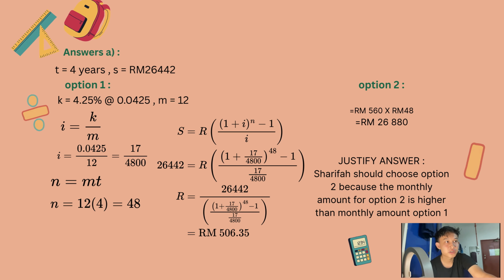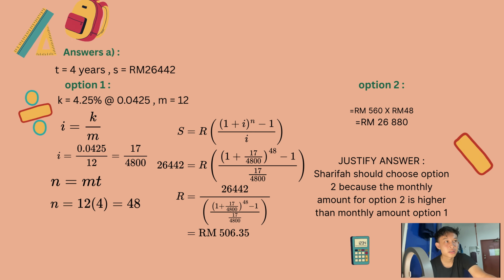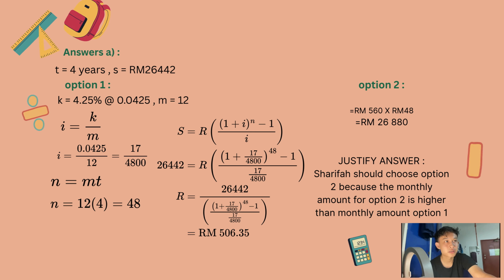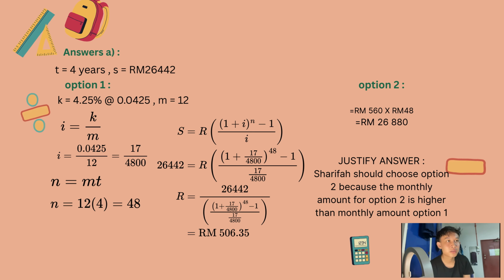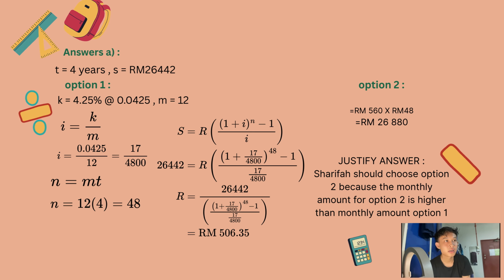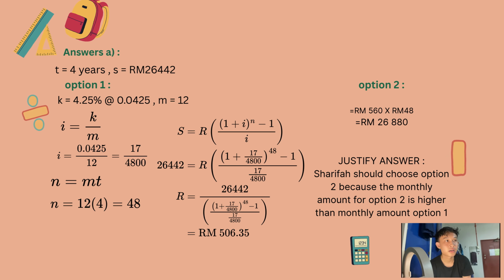Step 3, use the formula for the future value of an annuity. The formula is S equals R multiplied by bracket 1 plus i to the power of n minus 1, divided by i. Step 4, substitute the values into the formula. 26,442 equals R times bracket 1 plus 17 over 48,000 to the power of 48 minus 1 bracket, divided by 17 over 48,000. Step 5, rearrange to find R, the monthly payment. R equals 26,442 divided by the same bracket.